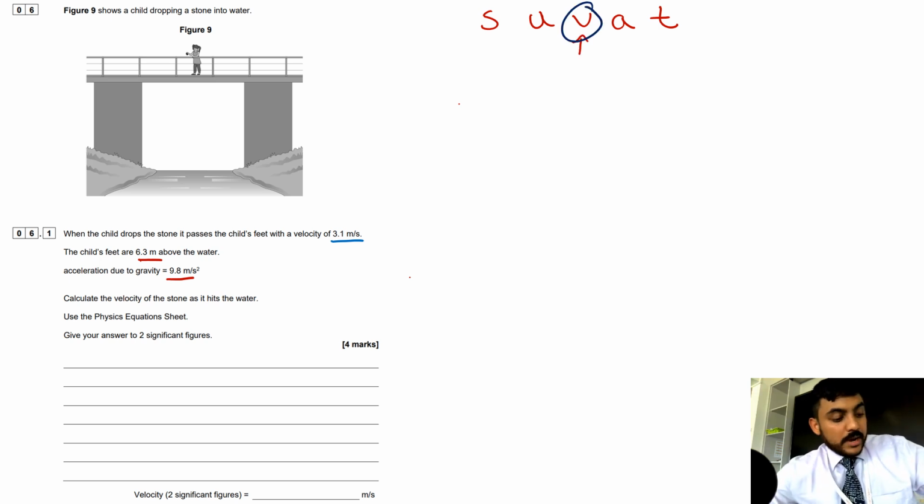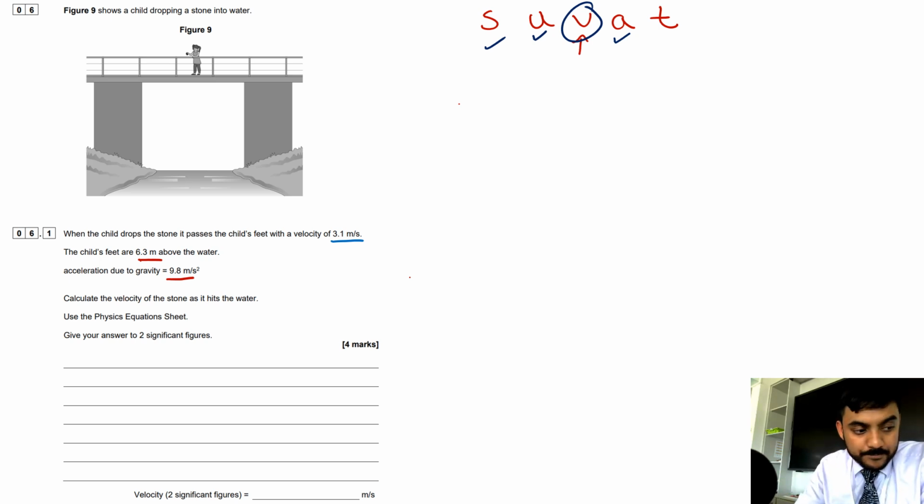So we just need an equation that links this final velocity with the terms that we've been given. We've been given the initial velocity, the acceleration, and the distance. So we need an equation that links S, U, V, and A. The equation that's in your equation sheet, as well as the one that you have to remember, is V squared minus U squared is equal to 2AS.